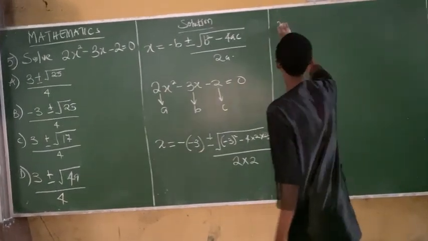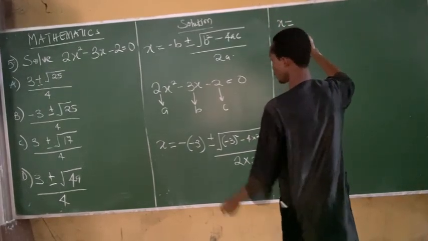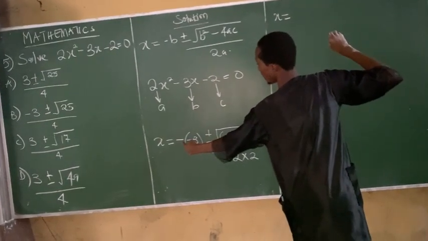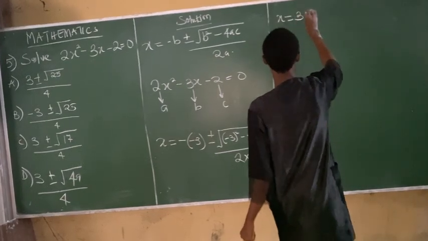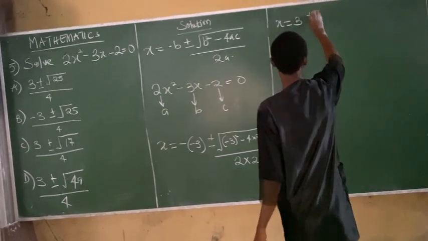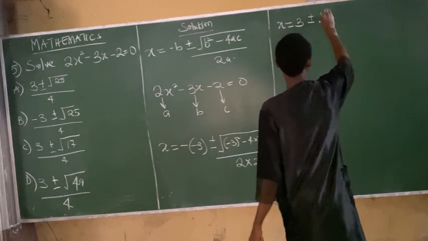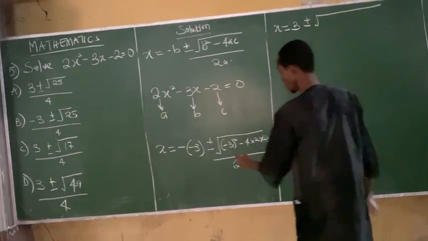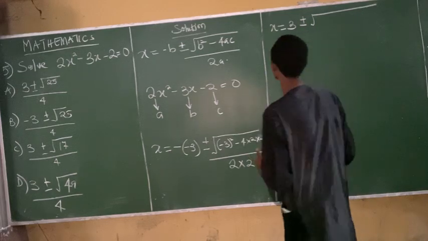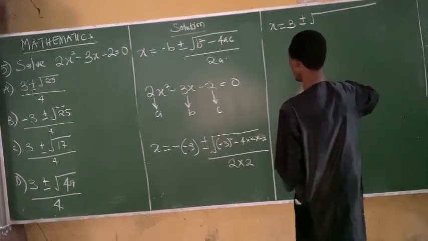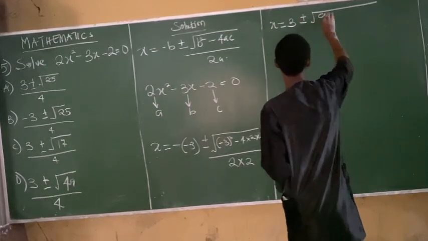Here we have x is equal to minus times minus gives us plus, so we have plus 3, plus or minus the square root of, here minus 3 squared is minus 3 multiplying itself 2 times, which is minus 3 times minus 3, which gives us plus 9.